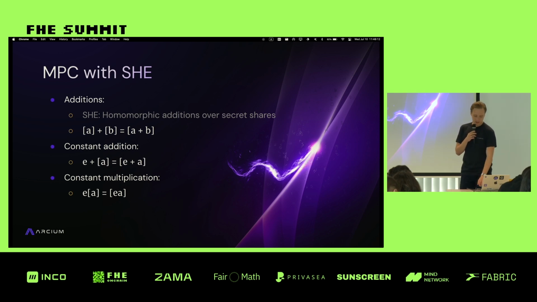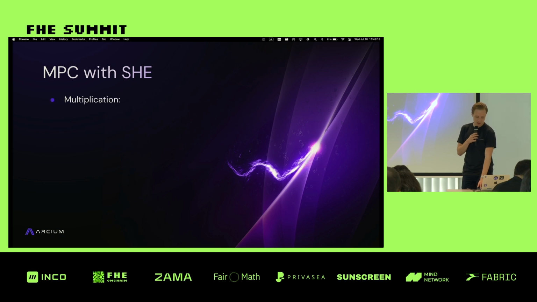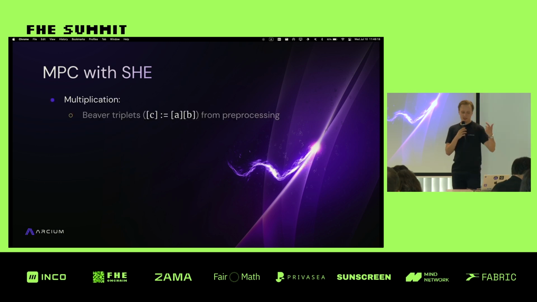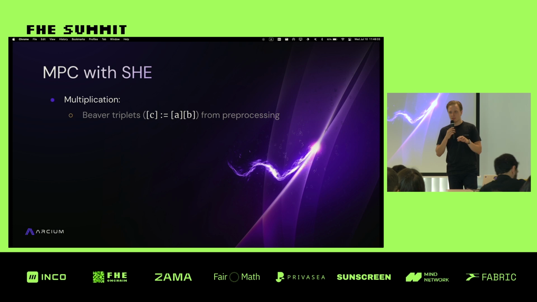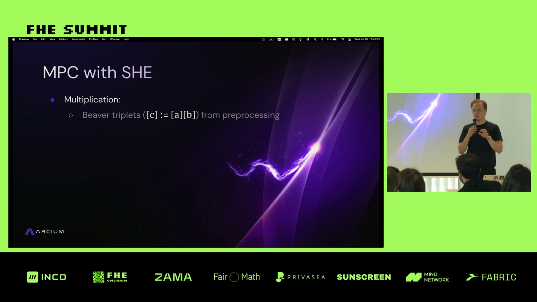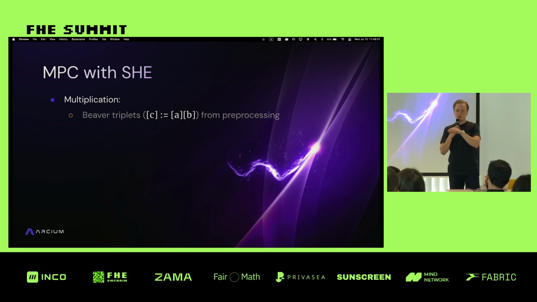Now for the actual multiplication of two secret shared values, we utilize those Beaver triplets. Beaver triplets are just two values, A and B, which are random values, and a value C, which is the product of those values. So that's correlated randomness. Essentially three random values, but C, A and B are correlated to each other.